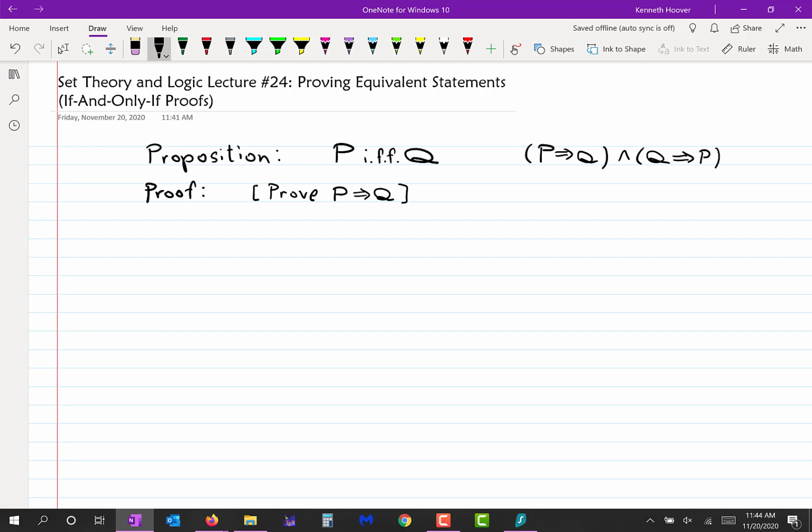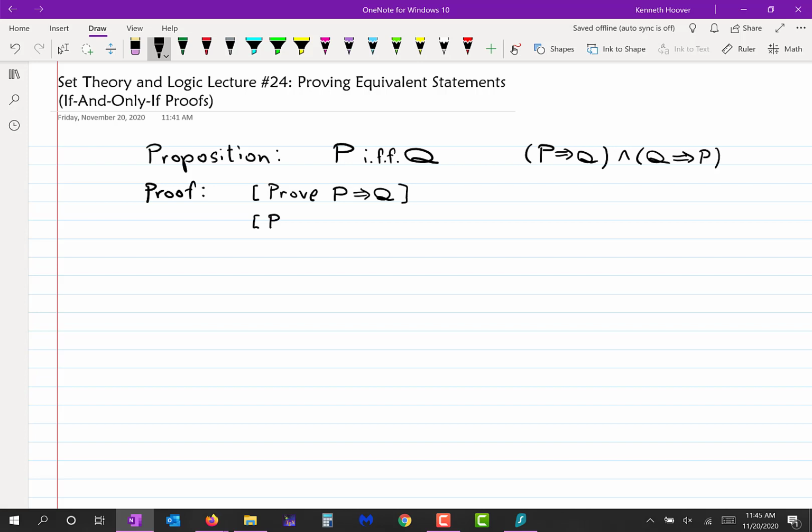You could do it directly, which would be suppose P, derive Q, or you could do it by contraposition, which would be suppose the negation of Q, derive the negation of P, or you could do it by contradiction, which would be suppose the negation of P and derive a contradiction. So there's three ways. We talked about those in the previous lectures. But however you choose to do it, you prove P implies Q.